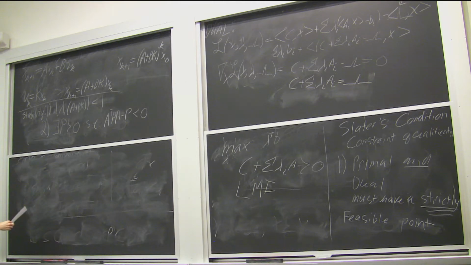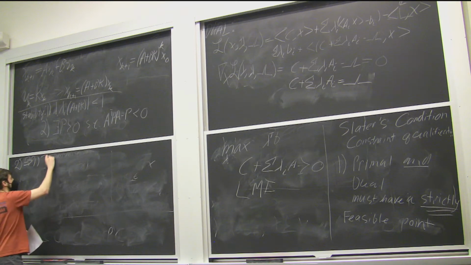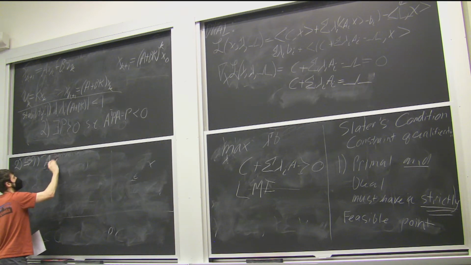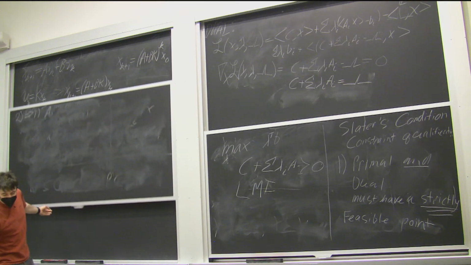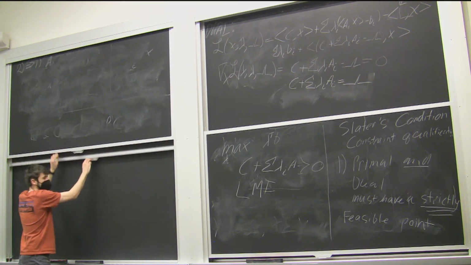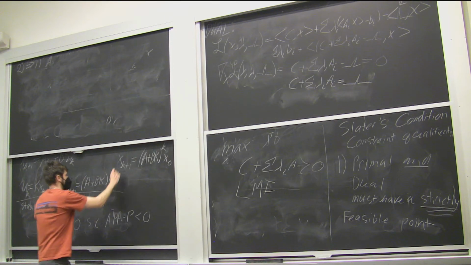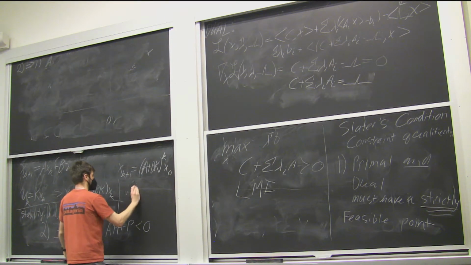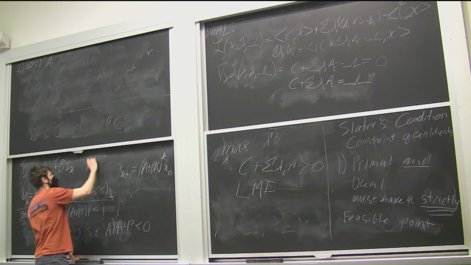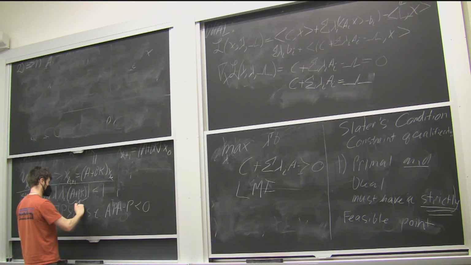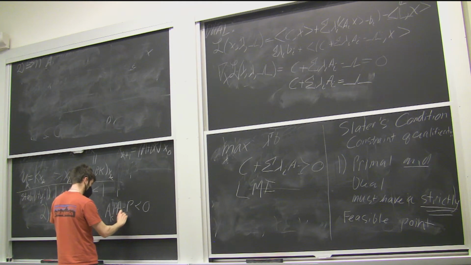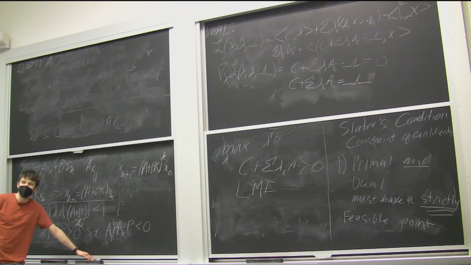So 2 implies 1 because if I take an eigenvector of, I'm going to call this A capital K. Sorry, I made a mistake in my notes.